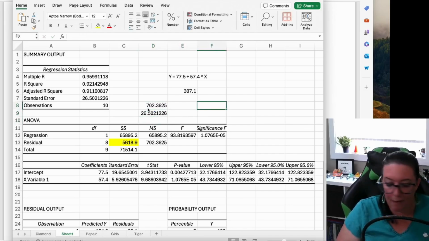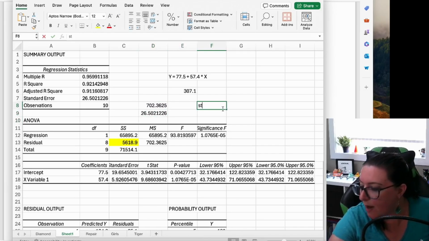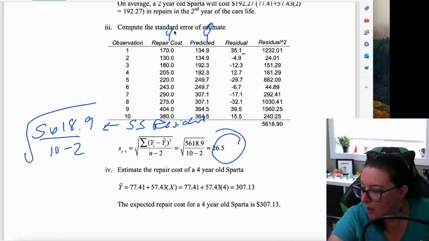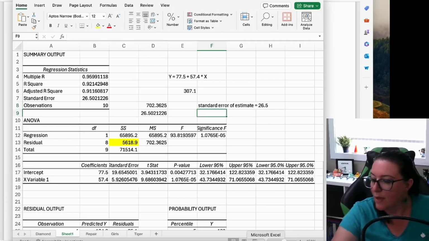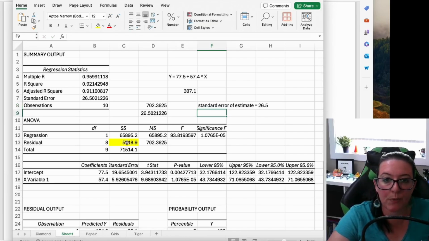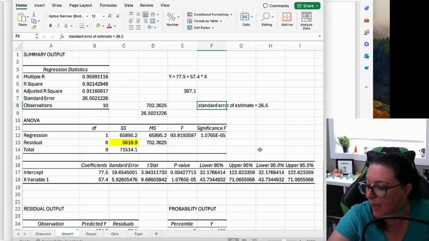And so what I have found is that the standard error of the estimate is 26.5. So if you can find the sum of squares of the residual, divide by the observations minus 2, and take the square root, you have the standard error of the estimate.